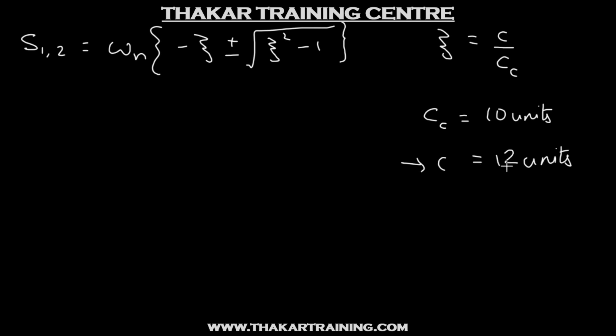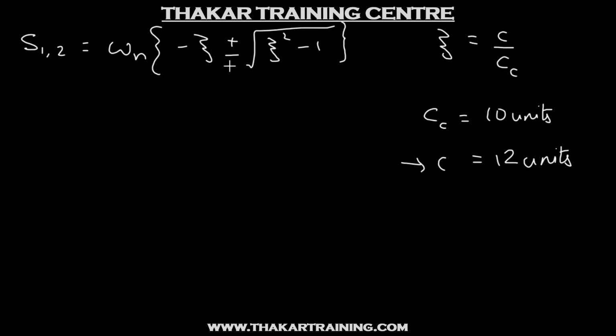What you need to know is whether it is more than 1 or less than 1, because this square root is zeta square minus 1. To decide the sign of it, you just need to know whether it is more than 1 or less than 1. So if C is equal to 12 units, then zeta is more than 1, and so this square root will have a positive value inside it.